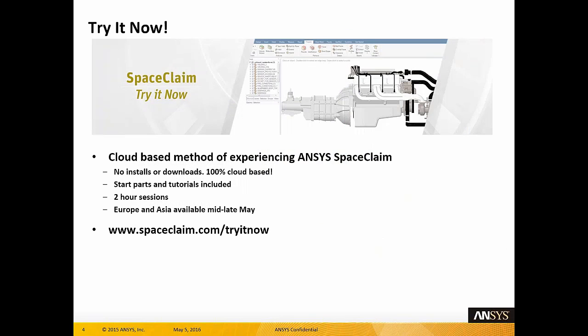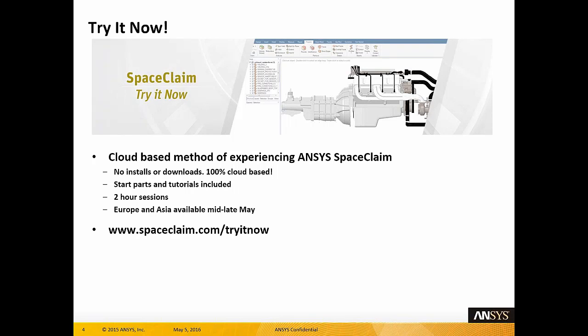So the first thing is we've added something that we call SpaceClaim Try It Now. This is a really cool thing. Many times I've seen very happy customers of SpaceClaim who say, I'm using SpaceClaim on my desk at work, and a lot of my colleagues will walk by and say, wow, what is that? How can I try that? And being desktop software what it is, you usually would have to tell them, well, you're going to have to get an installer, we're going to have to get you a license.